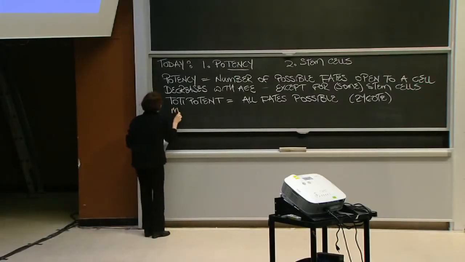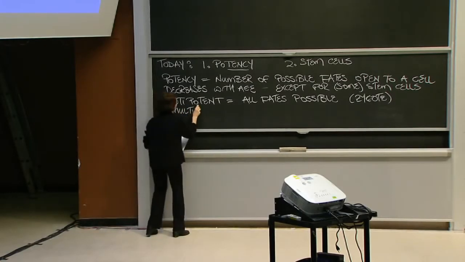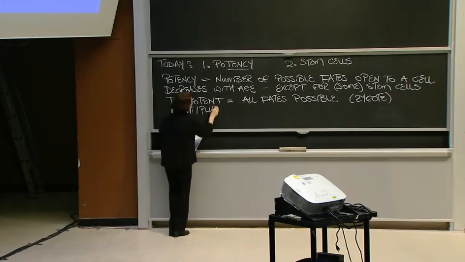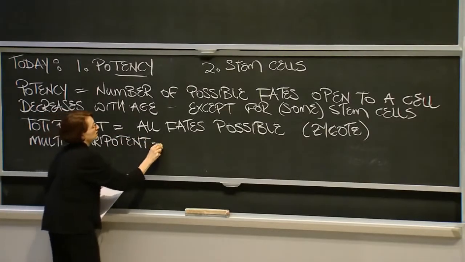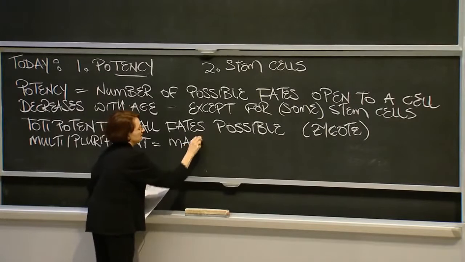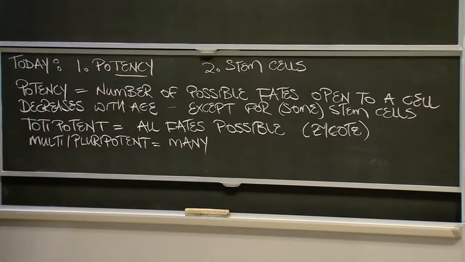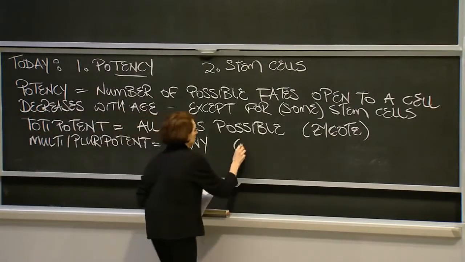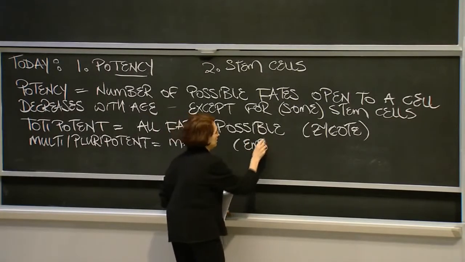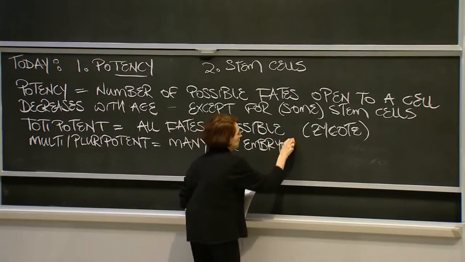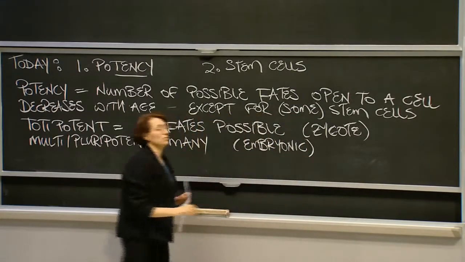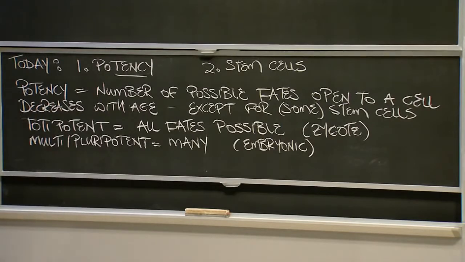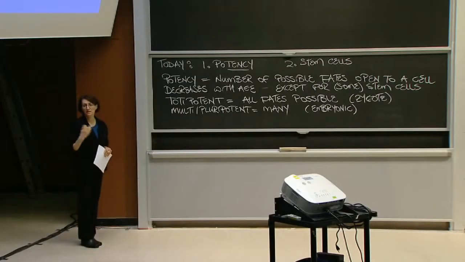And cells instead in the embryo are multi or pluripotent, which means that they can acquire many fates, but not all fates. Embryonic cells, especially in the early embryo, and many stem cells are also multipotent or pluripotent. And then as time progresses, is that a hand up?